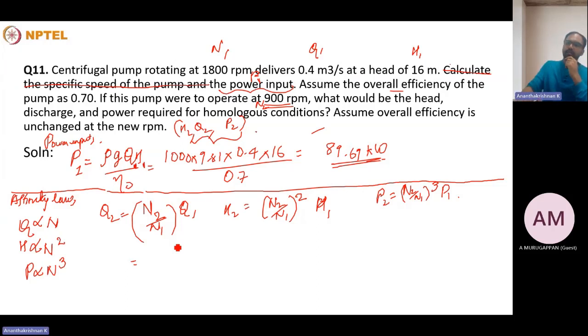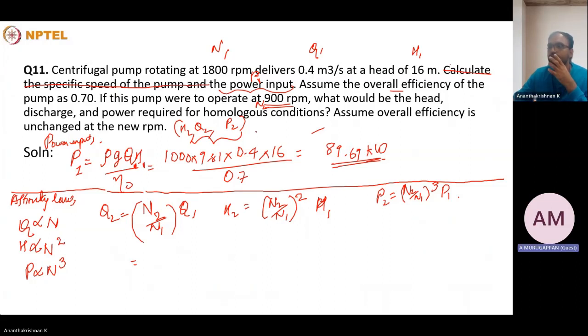How much is the value coming at? Q2 is 0.2.